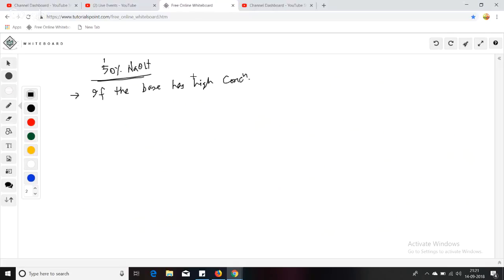If the concentration of base is high, then the rate expression will be R = K [HCHO]^2 [base]^2 again. So with respect to the aldehyde and base, the order of the reaction is 2.